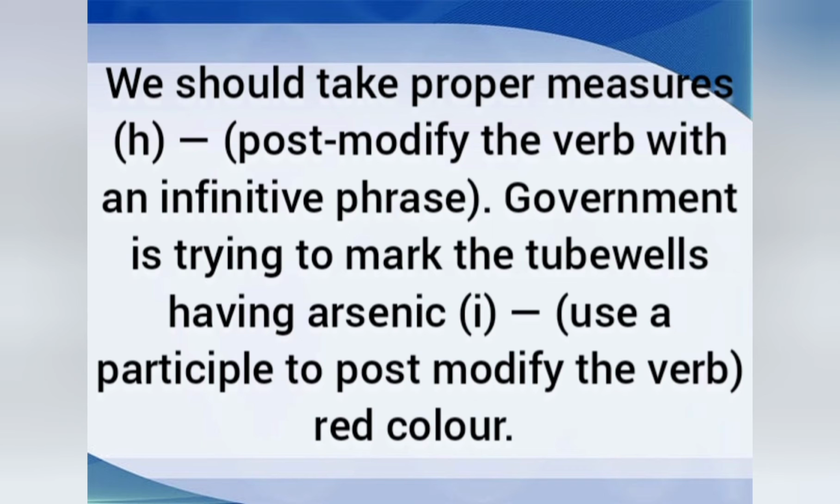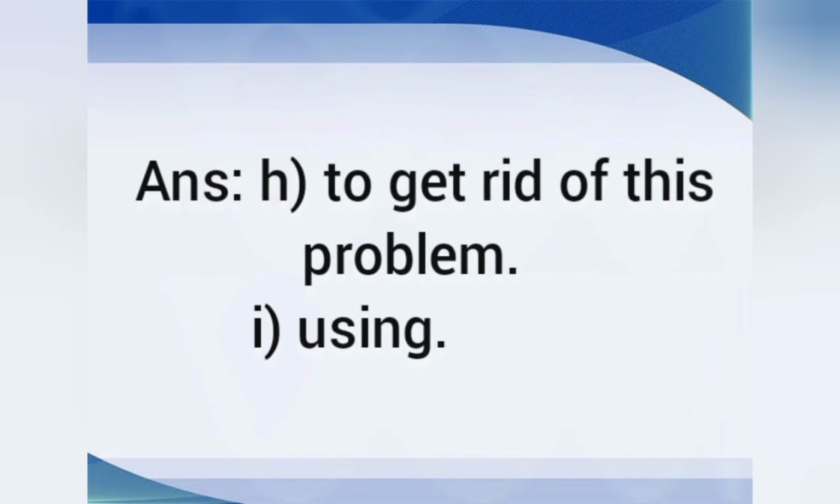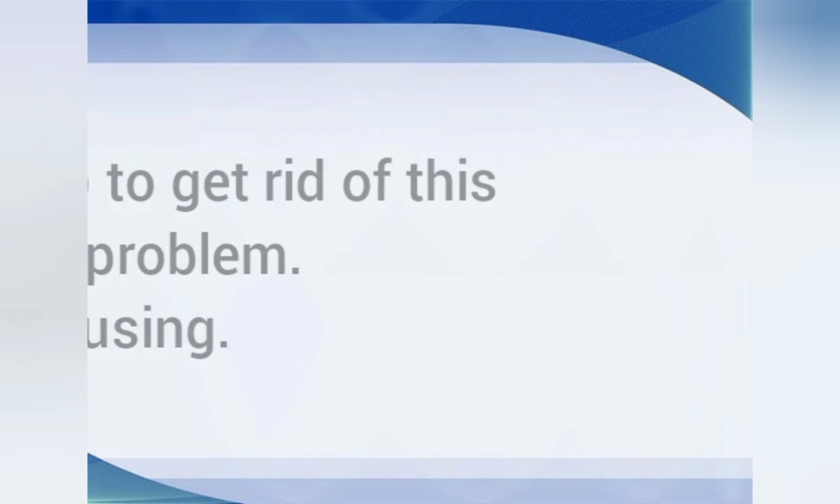So if we use to get rid of this problem, in number H, it will be an infinitive phrase. And in number I, if we use using, then it will be a present participle. So let's see the answer. Number H, to get rid of this problem, and number I, using.